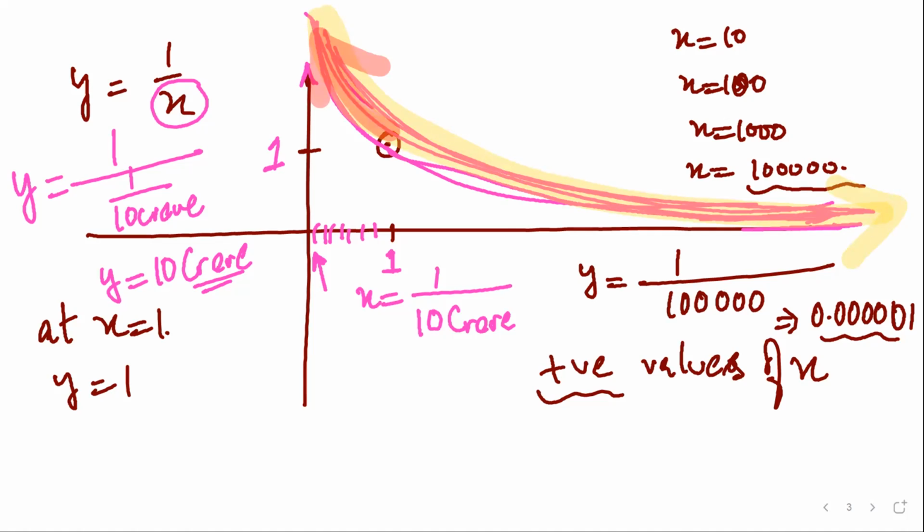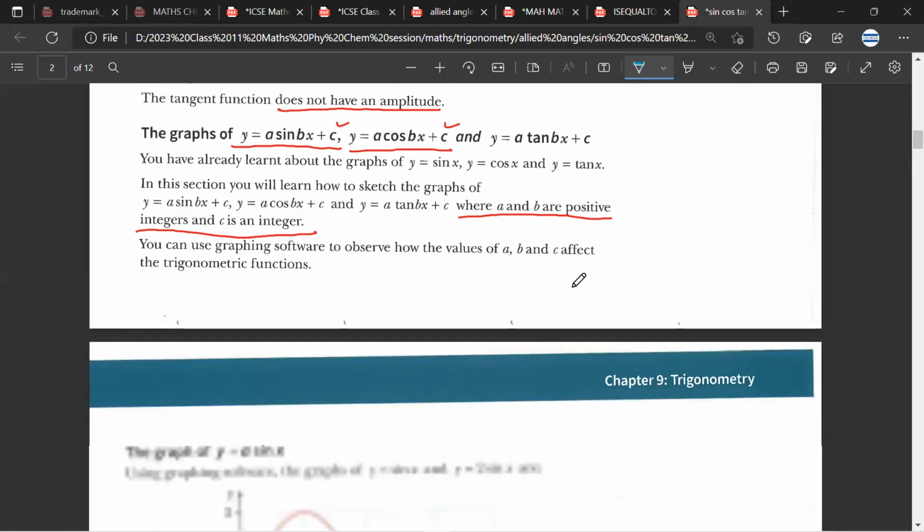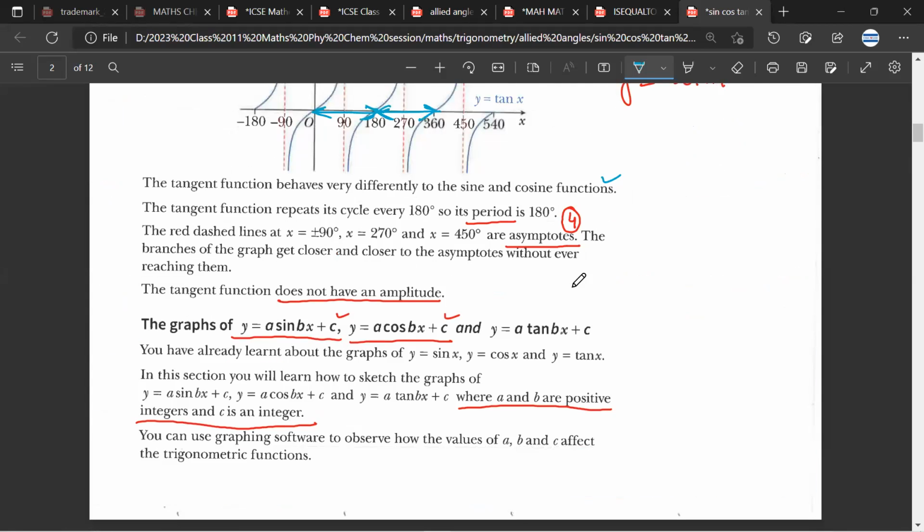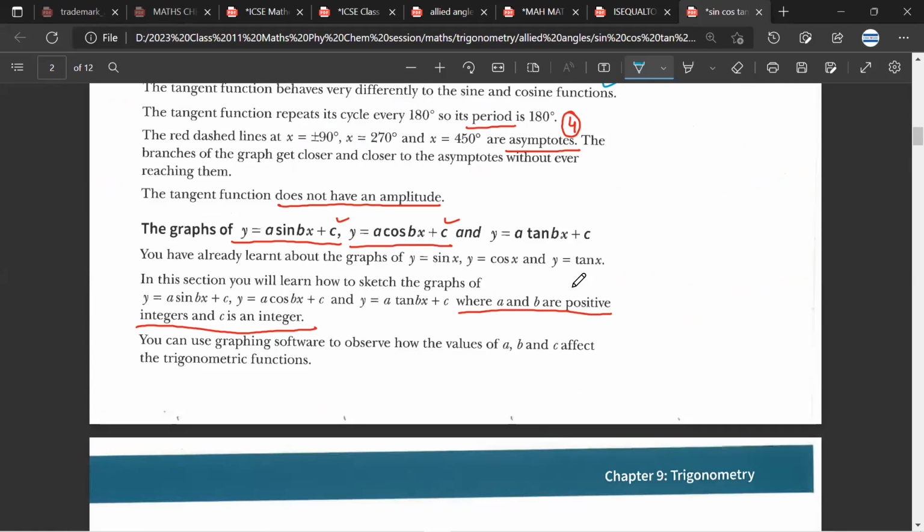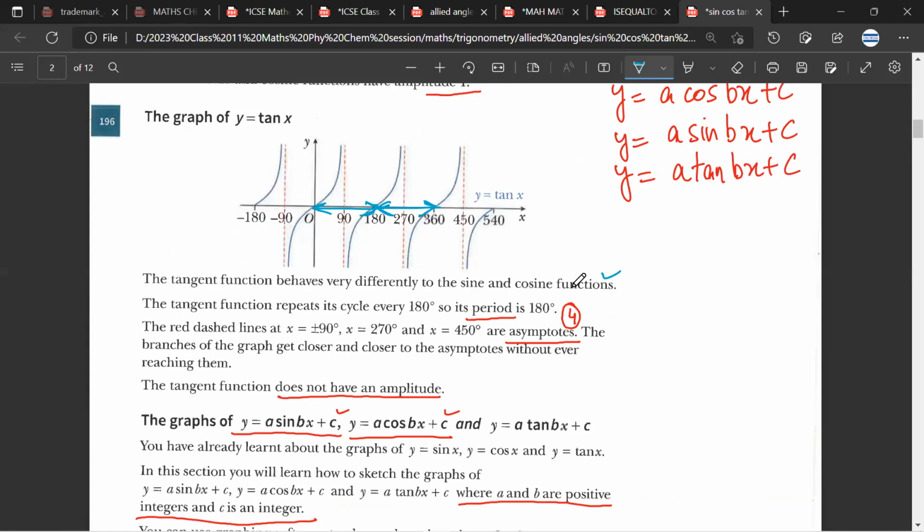So have you understood the meaning of asymptote? Okay. So even if you haven't understood it 100%, whenever you see the word asymptote, asymptote is something where the graph is trying to touch that line, but it will never be able to touch that line.